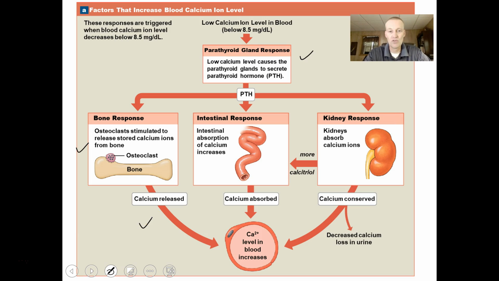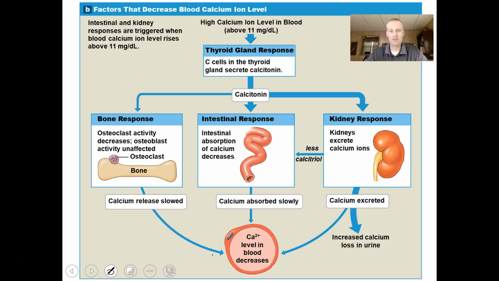It does go to the intestine to help with calcium absorption, so that increases blood calcium levels. And it even goes to the kidney and helps the kidney to absorb calcium ions instead of putting them in urine. And so calcium is conserved, and it decreases the loss of calcium to the urine. All of these factors are going to increase blood calcium levels so you have the normal level that you need.